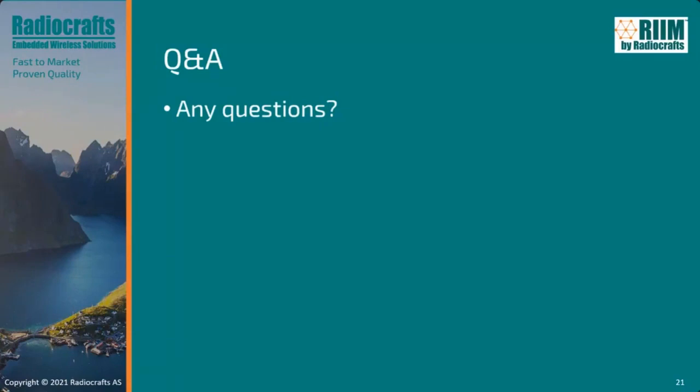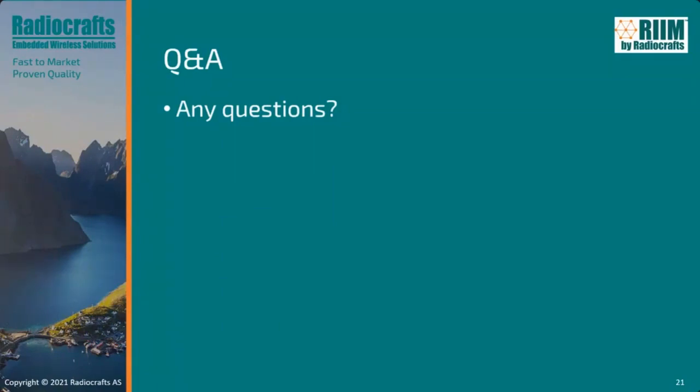Then we can move over to Magnus' question, talking about replacing Zigbee. Yes, so it's kind of an easy question. If we think RIIM is good for buildings, yes, definitely. We have tested it in building systems, and it is one of the key use cases as well.